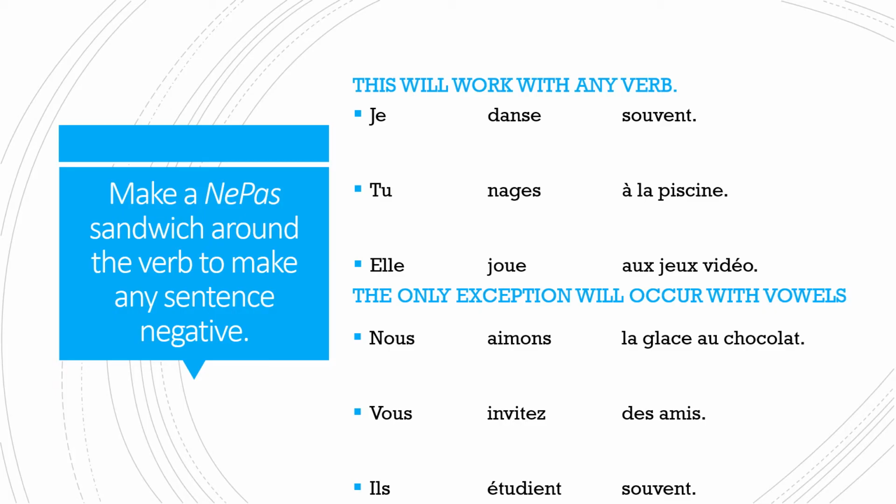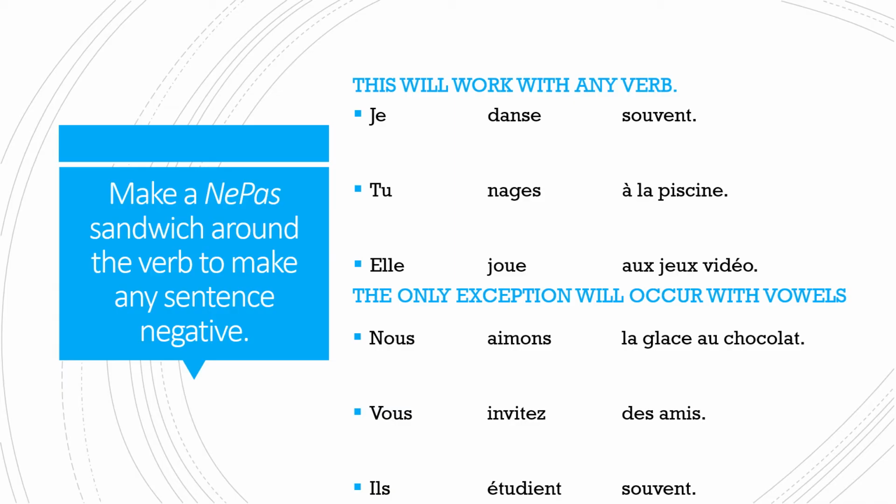Some people like to call it a wind up and a pitch, where the ne is the wind up and the pas is the pitch. So when we make any of these sentences negative, looking at them, je danse souvent, tu nages à la piscine, which is you swim at the pool. Elle joue aux jeux vidéo, she plays video games. Nous aimons la glace au chocolat, we like chocolate ice cream. Vous invitez des amis, you invite some friends.